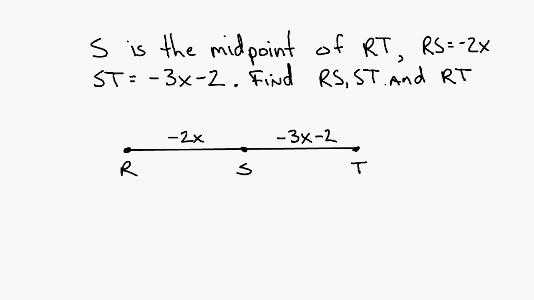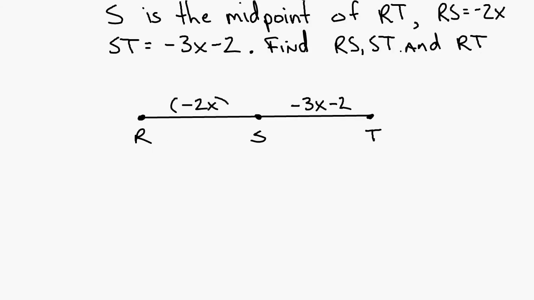Well, what's the first thing you have to find? Good, you got to find x. How could you solve for x here? What do you know about these two segments, RS and S to T, if S is the midpoint? Midpoint means in the middle. If S is in the middle, what do you know about this length and this length? They're congruent. Very good. They're the same.